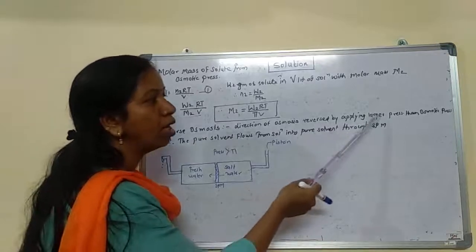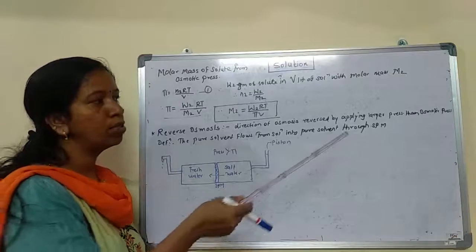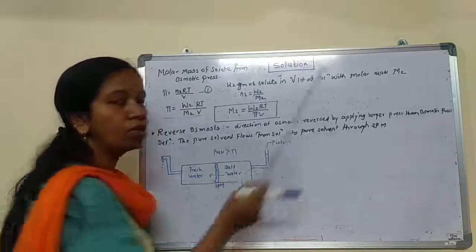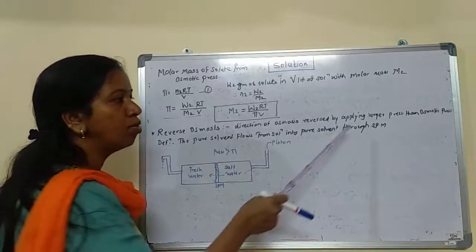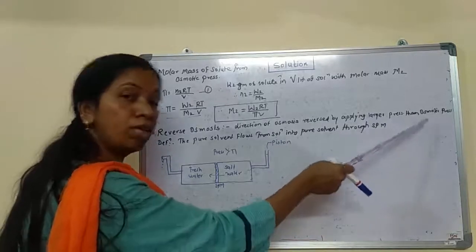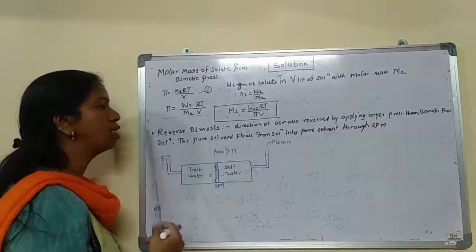By applying a larger pressure than the osmotic pressure. What does osmotic pressure do? Osmotic pressure only stops the osmosis. When we apply a larger pressure than the osmotic pressure, the osmosis process is reversed.